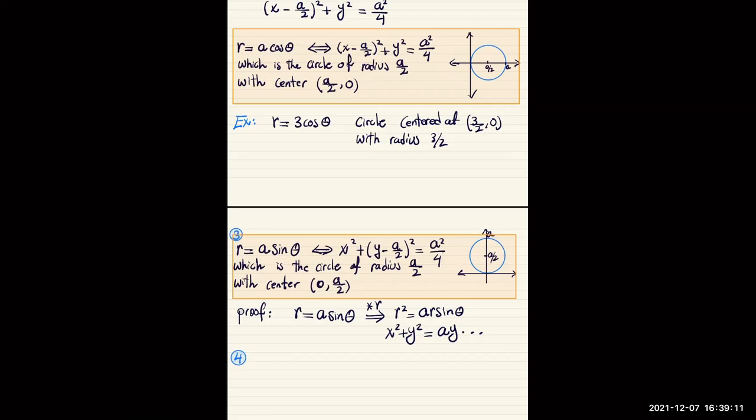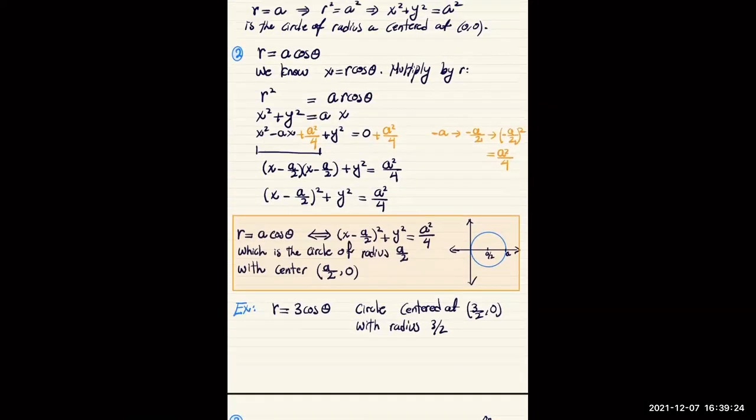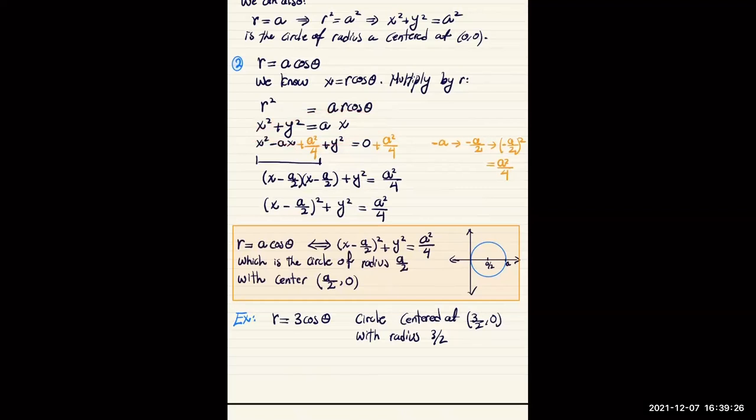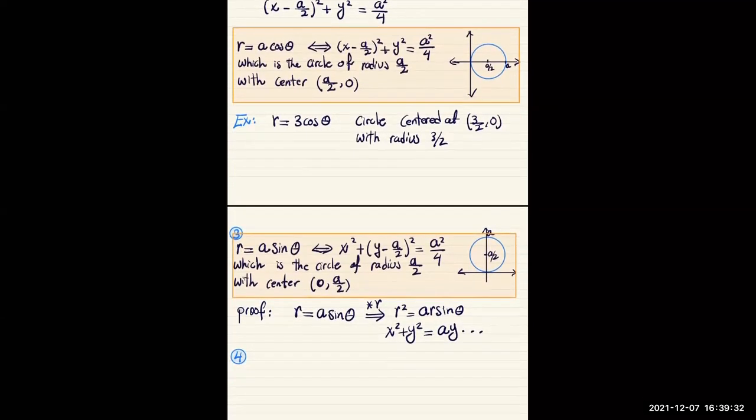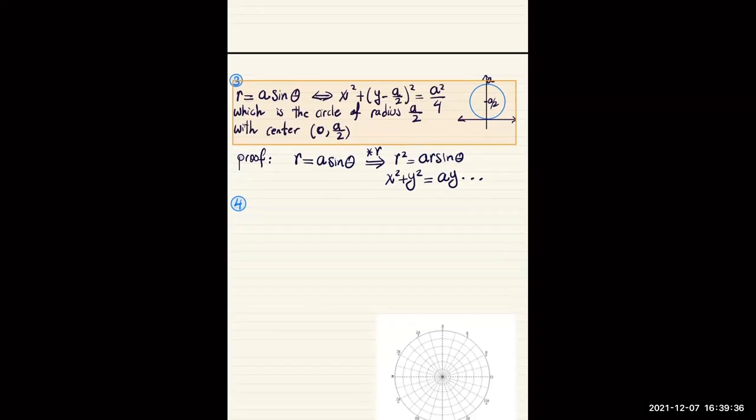That is confusing. Because r sine is y. Yes. So you do exactly the same thing that we did here, but instead of adding the a squared over 4 to the x term, you add it to the y term. You complete the square on y.